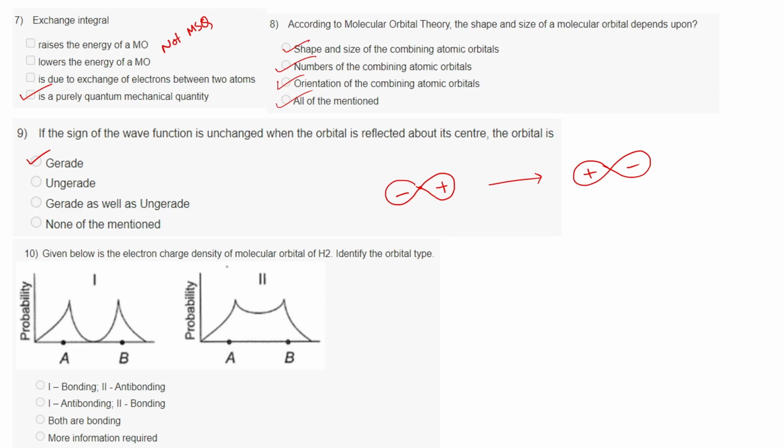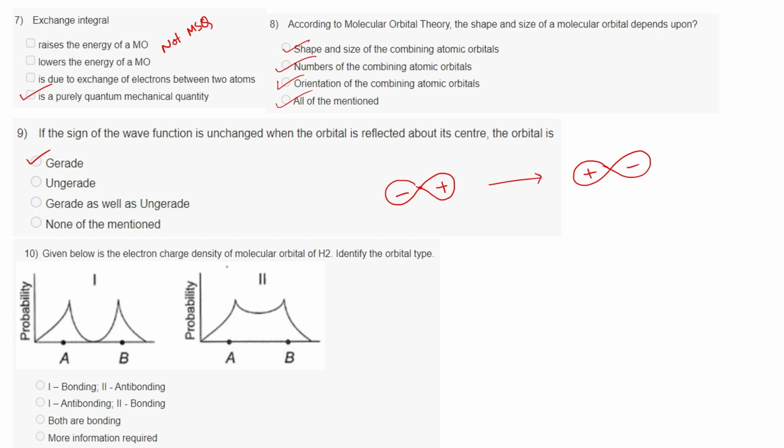Question number 10 says: given below is the electron charge density of molecular orbital of hydrogen H2. Identify the orbital type. Can you guess which is which? See the probability it is showing, A and B are the two hydrogen atoms. In one case the electron density is very high between A and B, and in one case there is a lesser probability, the electron density.